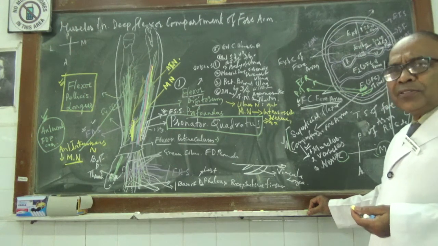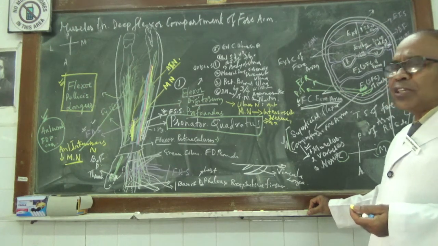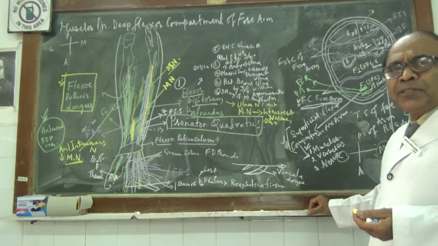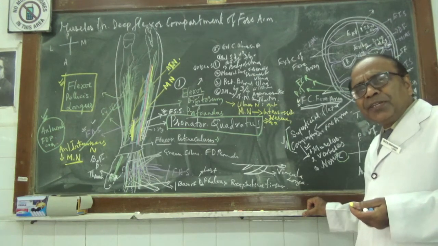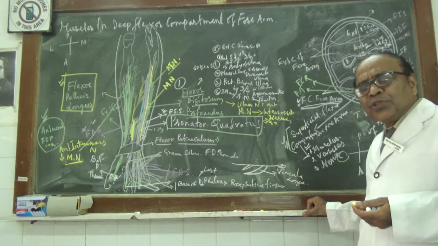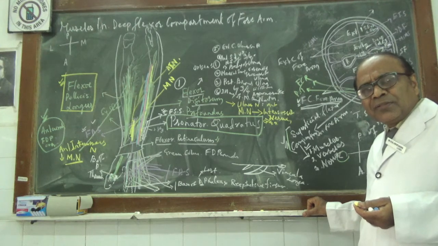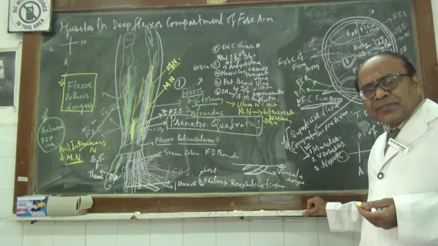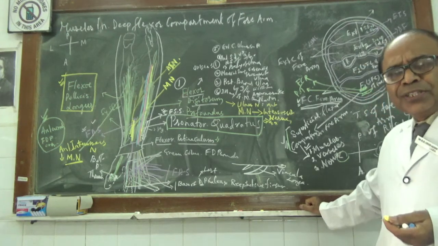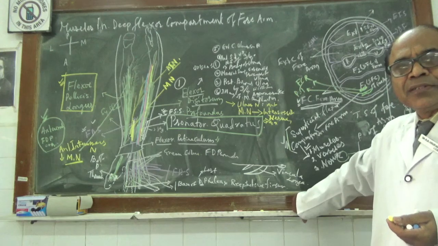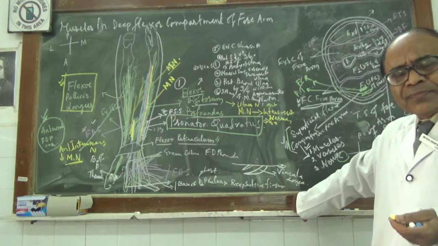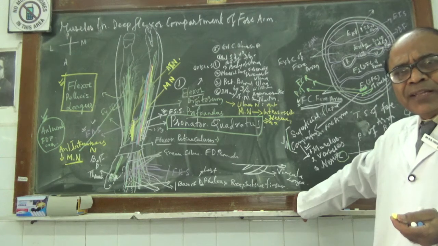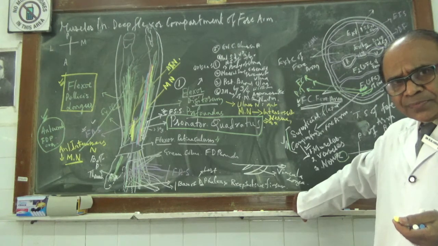All the muscles which are there in the superficial compartment are supplied by the median nerve, with the exception of flexor carpi ulnaris as well as the medial part of flexor digitorum superficialis, which is supplied by the ulnar nerve.